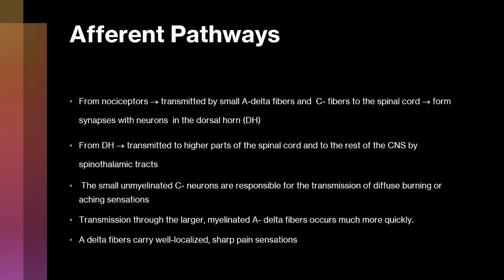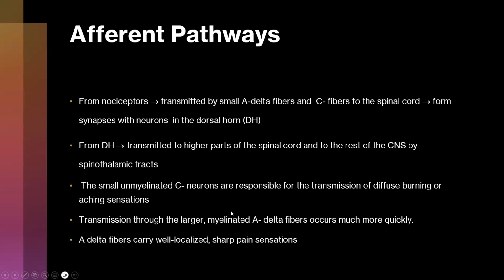Usually the question comes up: which nerve fibers are responsible for carrying the sensation of pain? A delta fibers and C fibers. They form synapses with neurons in the dorsal horn. From the dorsal horn, it is transmitted to higher parts of the spinal cord and to the rest of the CNS by spinothalamic tracts. The small unmyelinated C neurons are responsible for the transmission of diffused burning or aching sensations.